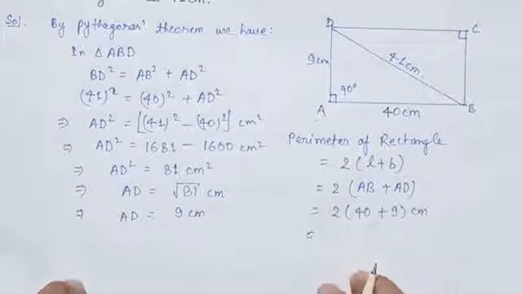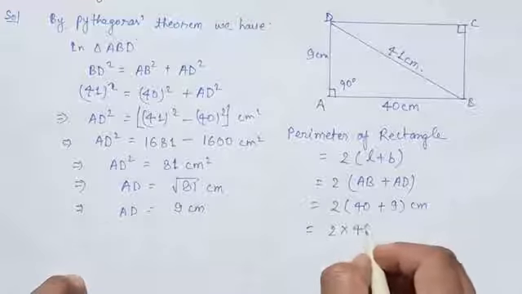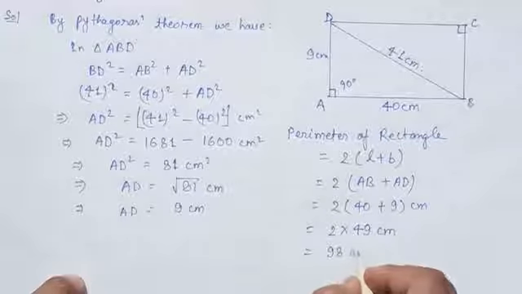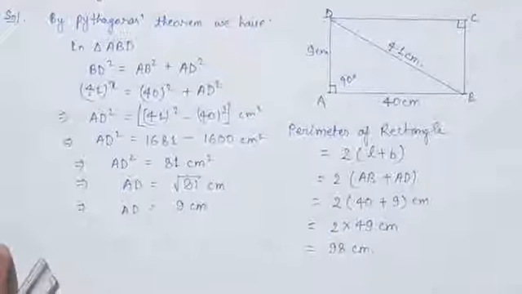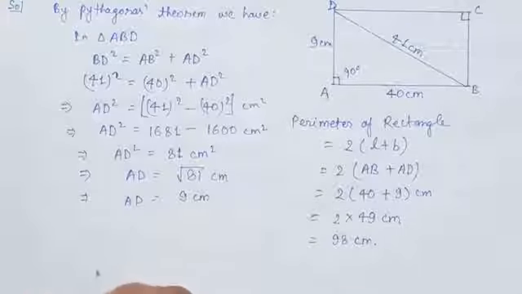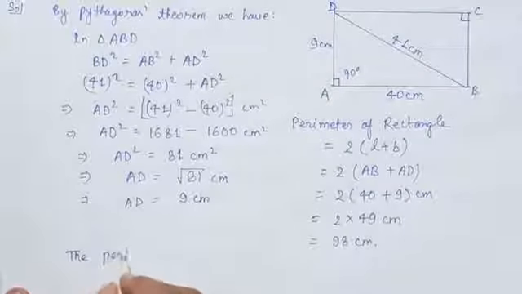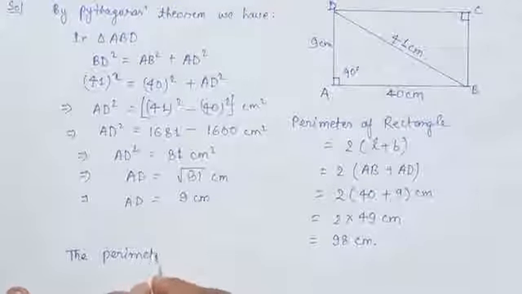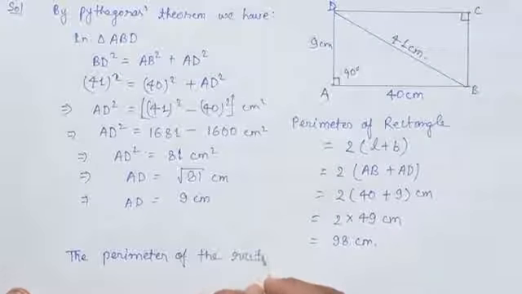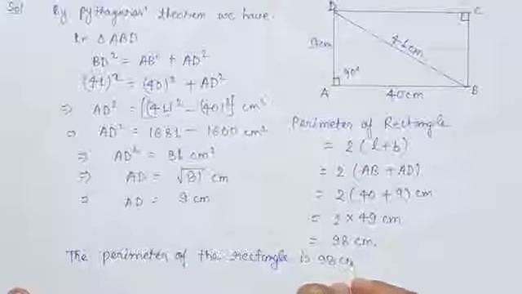So we get 2 into 40 plus 9, that is 49 centimeters, which is equal to 98 centimeters. Hence we can say the perimeter of the rectangle is 98 centimeters.